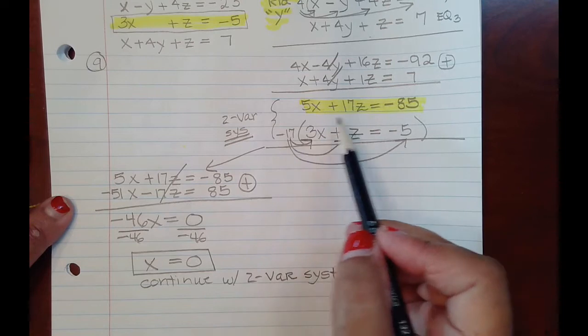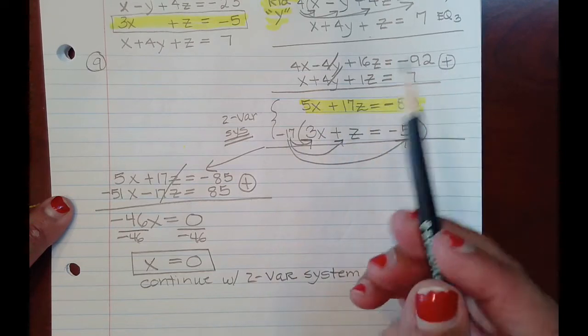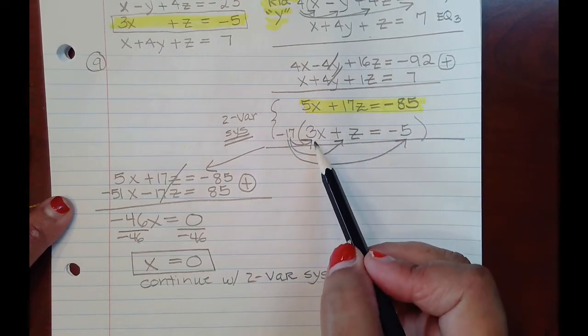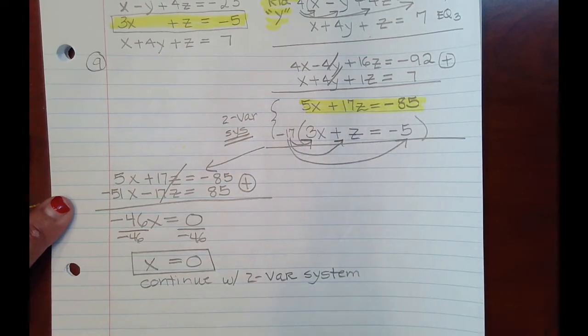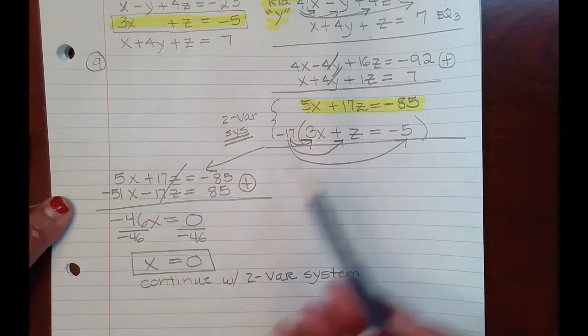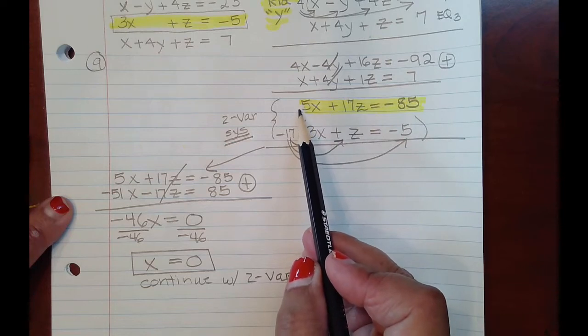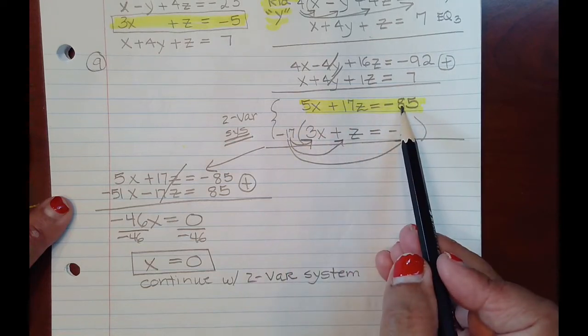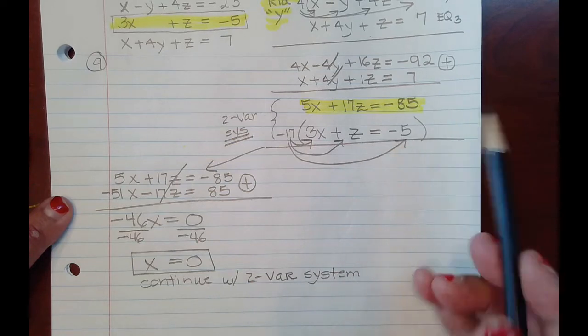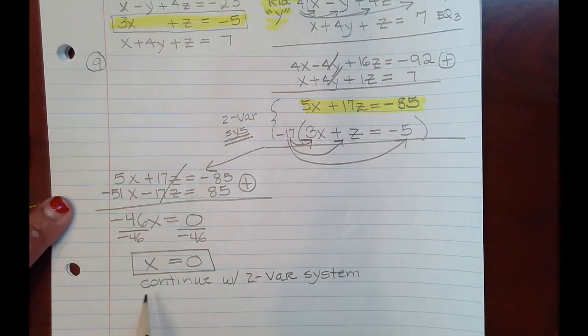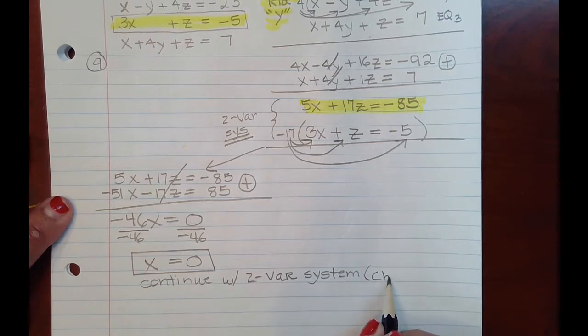We had 5x plus 17z is equal to negative 85, and then this equation that they gave us, 3x plus z. You can use that system with the zero that you have just found. You can plug the zero into either the equation we created or the one they gave you. I'm going to use the one that they gave us. Just use one of the equations.